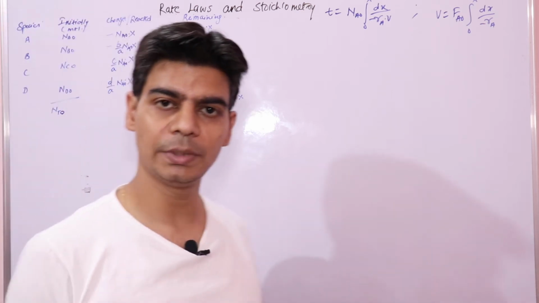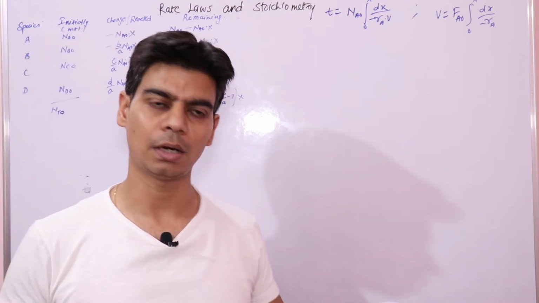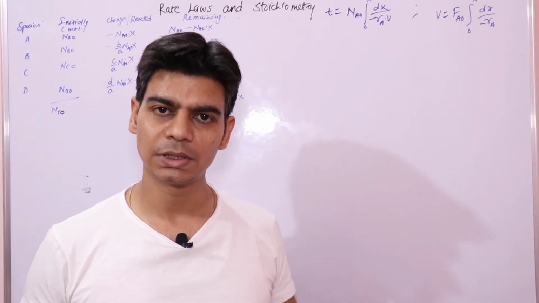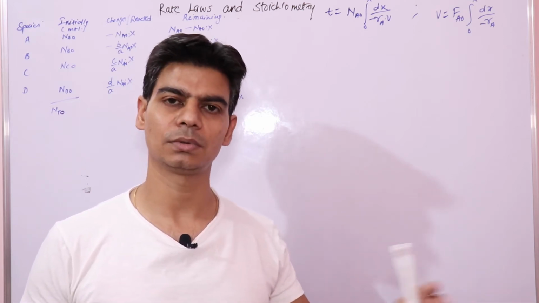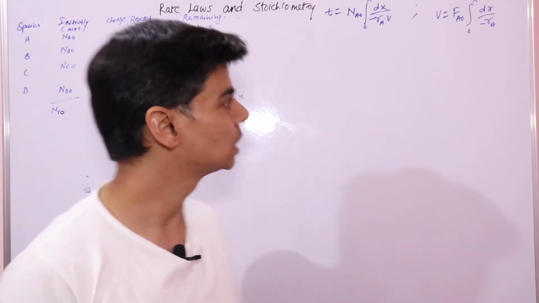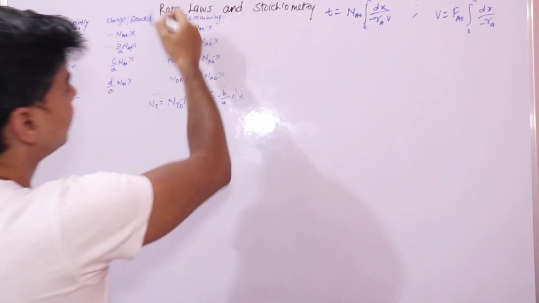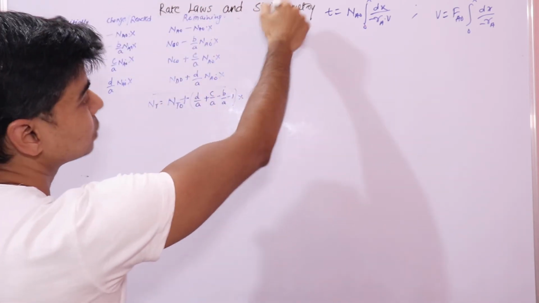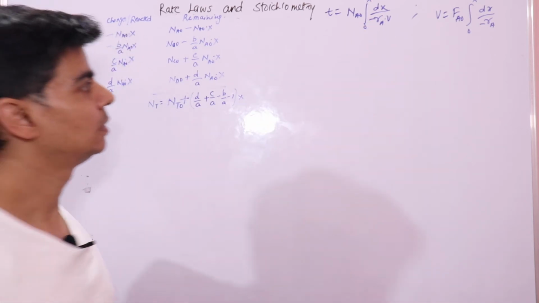We'll build a stoichiometric table, and then we'll further evaluate our design equations based on simple mathematics and some concepts like concentration, its moles per unit volume, those formulas. So we would be using rate law and stoichiometry to further develop these design equations.